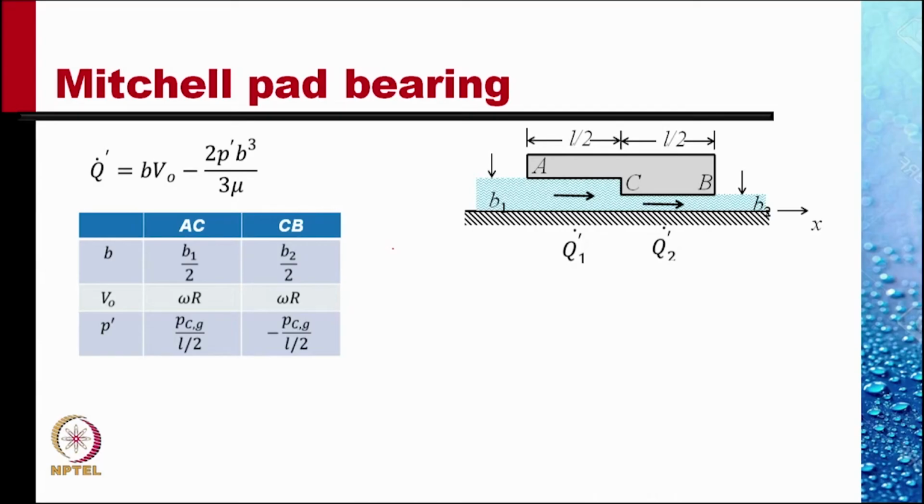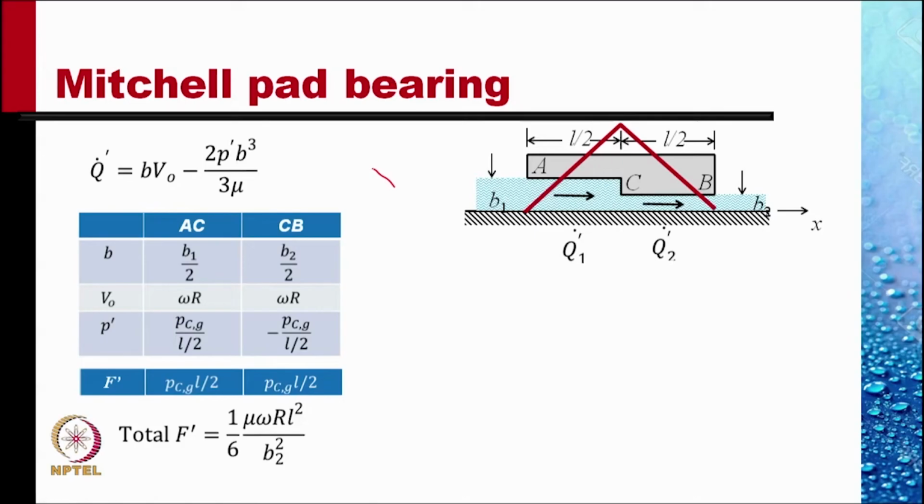So this way we can evaluate the value of PCG. Once we evaluate the value of PCG, we can evaluate the vertical force that it can support. The pressure in the first part AC is rising from 0 to PCG, and in the second part the pressure is decreasing from PCG back to 0.